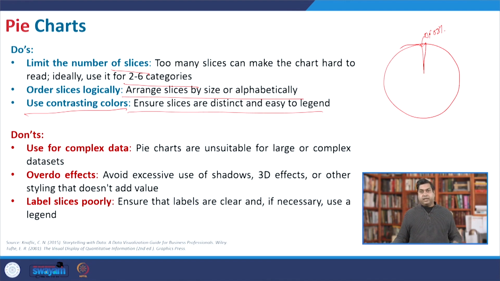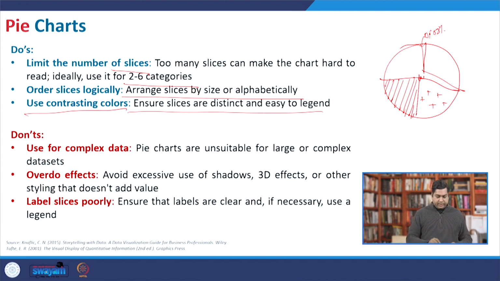The difficulty in color identification is why you have to give contrasting colors, or else go for some sort of hatch pattern. Earlier, researchers used to make pie charts with hatch patterns. In those cases it is very easy to identify, even in black and white.